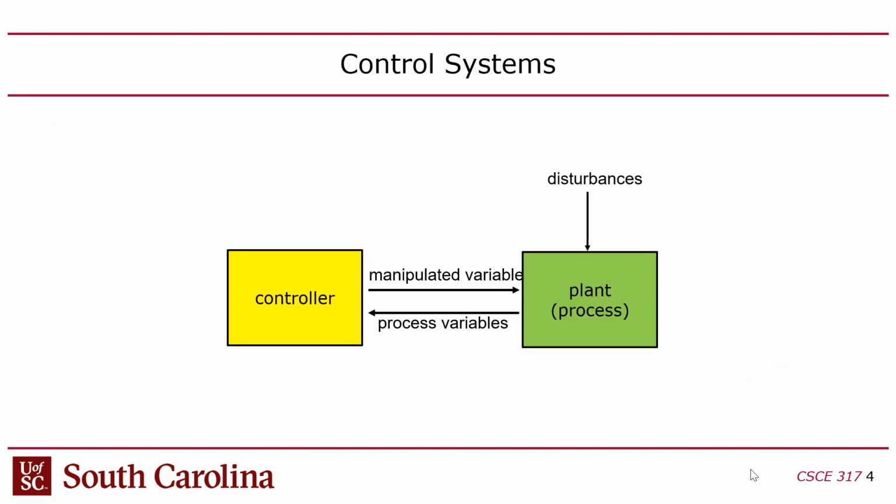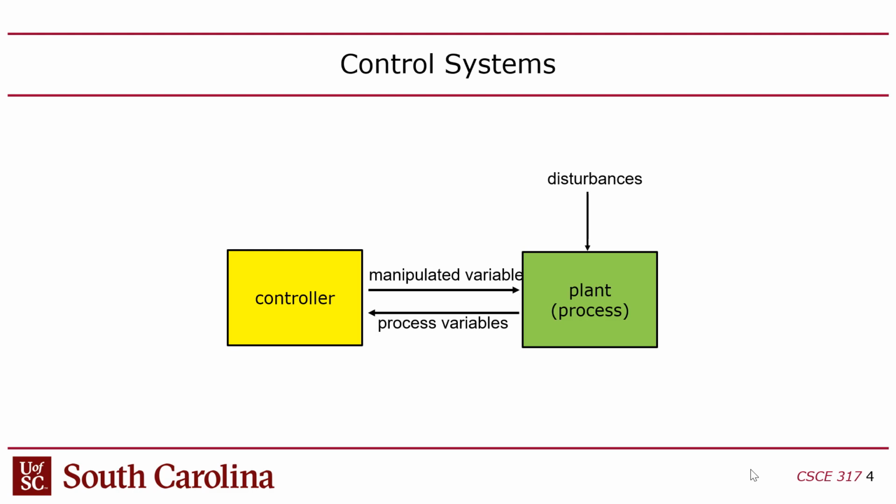So a good controller will still work even when the plant is subjected to disturbances, like in the case of the toaster. The performance of the heating coils may not be exactly known at the time you design the controller, or maybe the temperature of the room somehow affects the performance of the toaster, or the different bread you put in it varies in how long it takes to brown the bread.